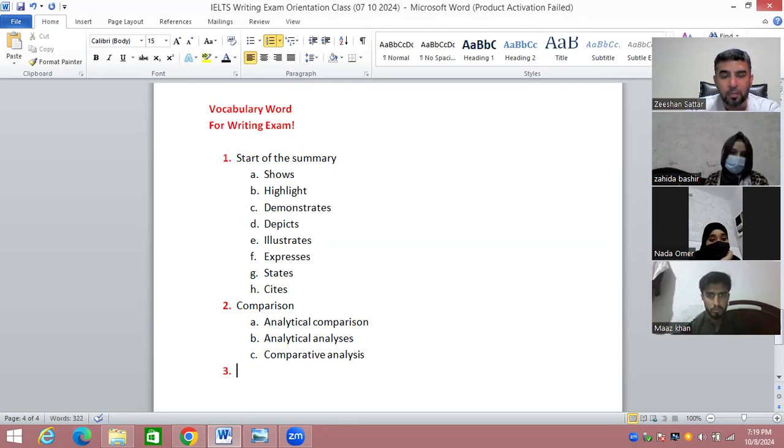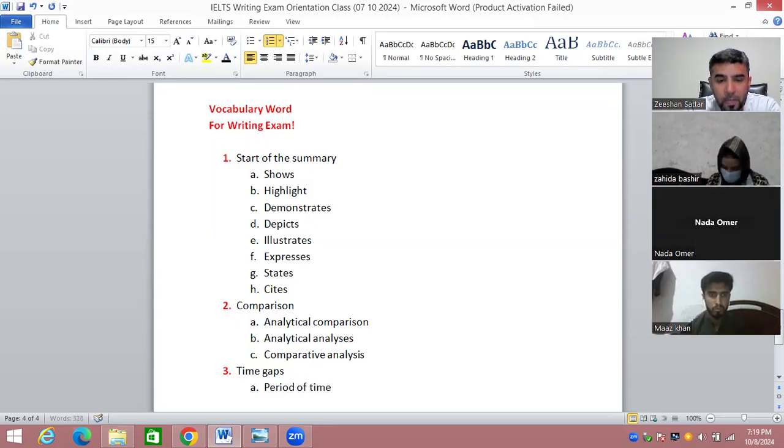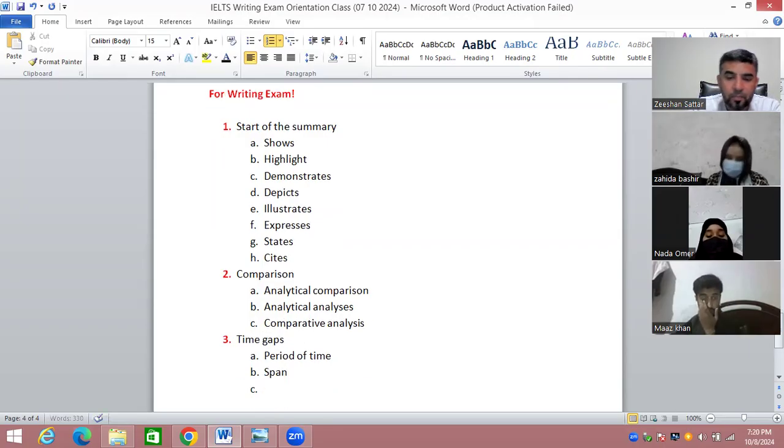Number 3, the synonym words helpful for the IELTS writing exam when we talk about time gaps. Number 1, period of time. We can use the word span.